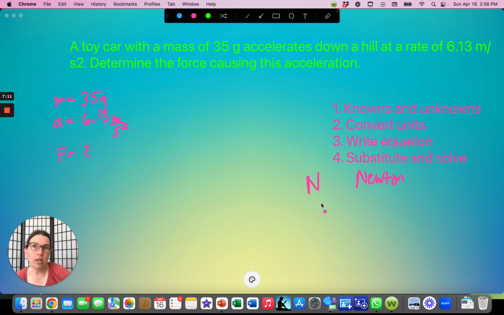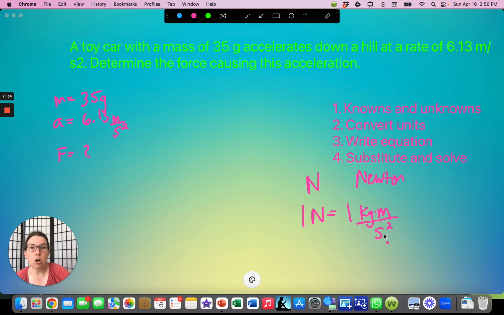So it's a complex unit that is made up of other units. So I'm going to write that down here. 1 newton equals 1 kilogram times meters over seconds squared. Okay, so you can see that these are the units. 1 newton equals 1 kilogram times meter per second squared.